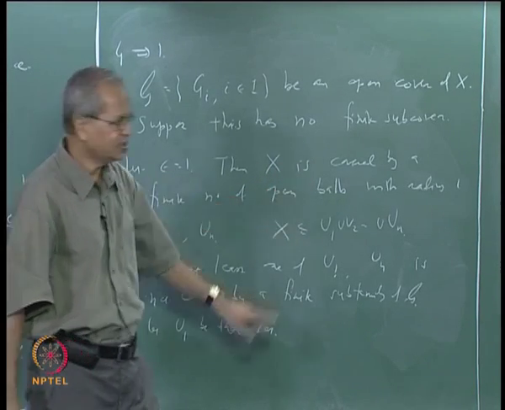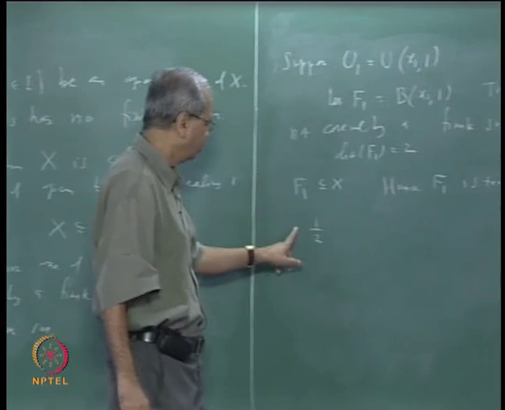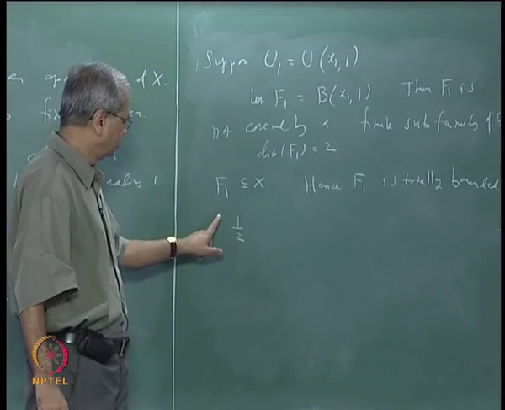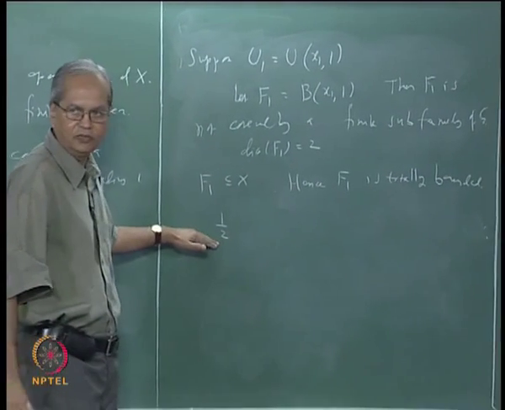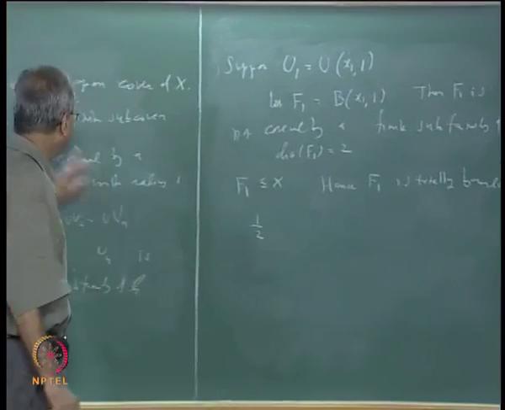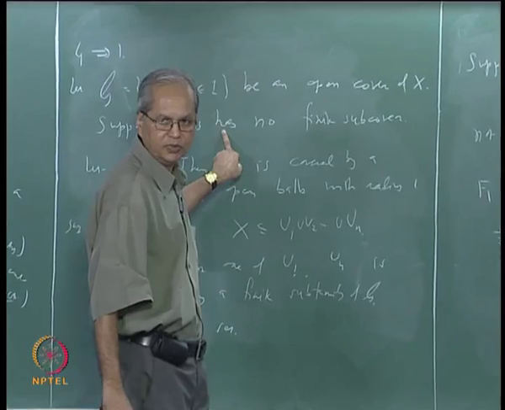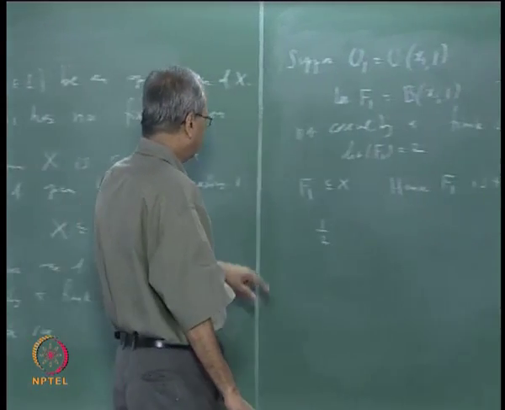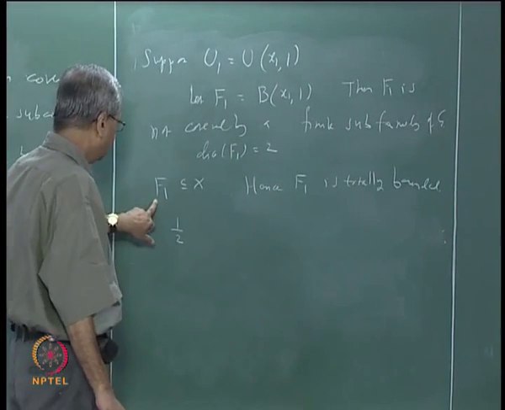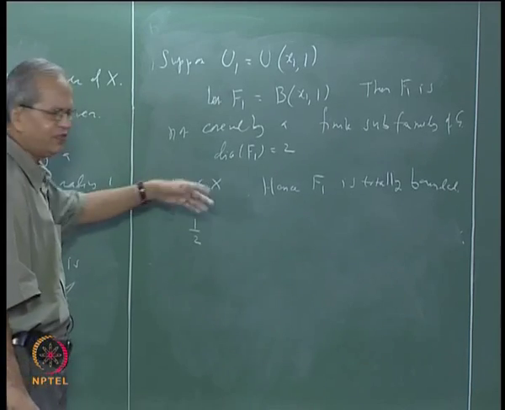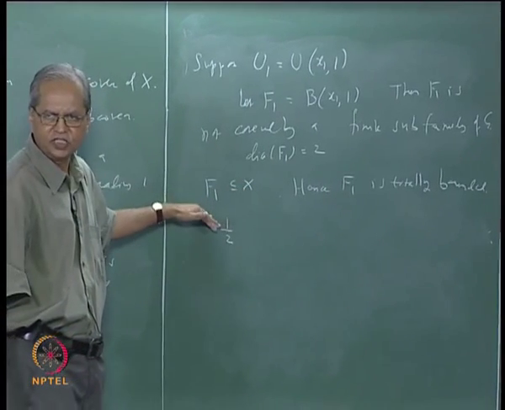That means there exists at least one ball with radius half which has no finite subcover from G, and that open ball must... I will now consider F1 itself as a metric space, okay.